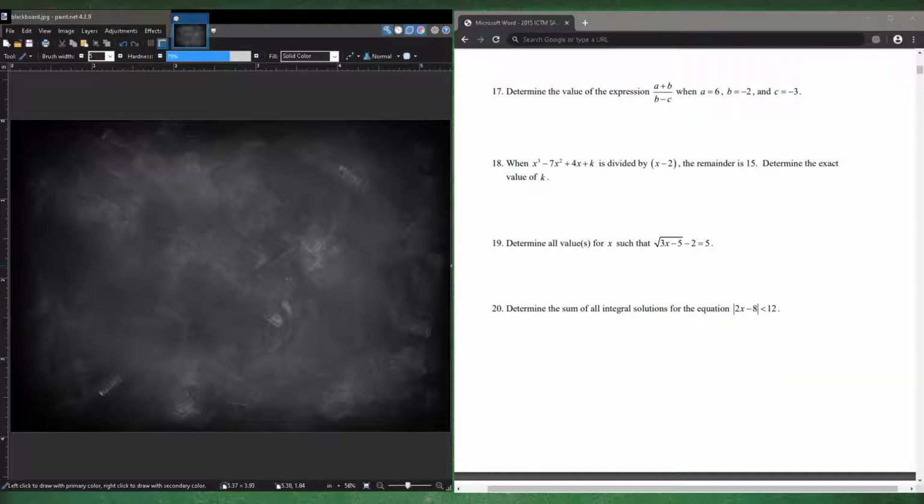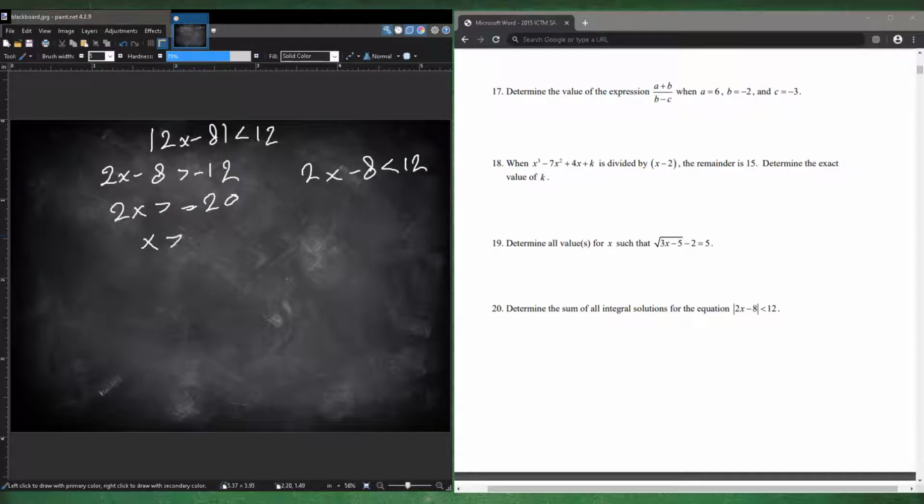20. Determine the sum of all integral solutions for the inequality absolute value of 2x minus 8 is less than 12. So basically it's telling you that 2x minus 8 has to be greater than negative 12, and 2x minus 8 has to be less than 12, right?